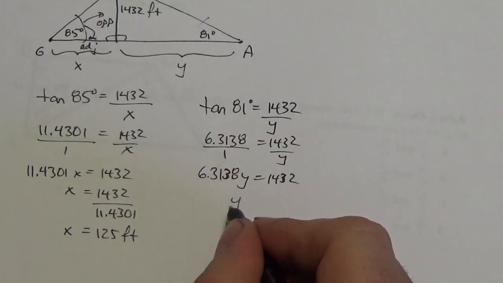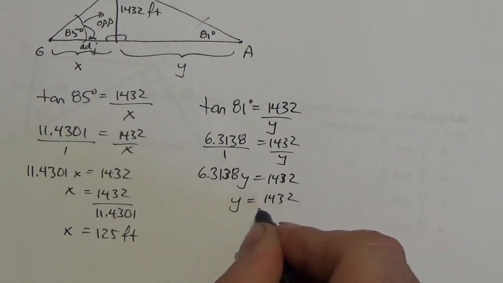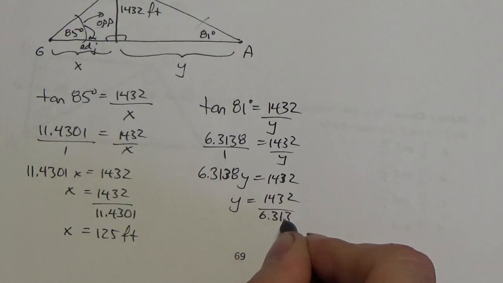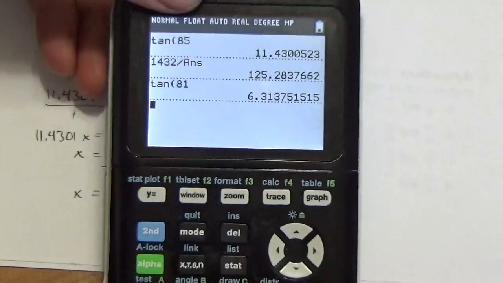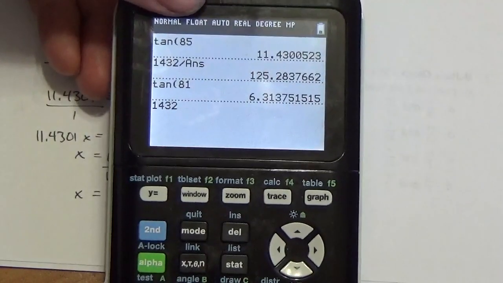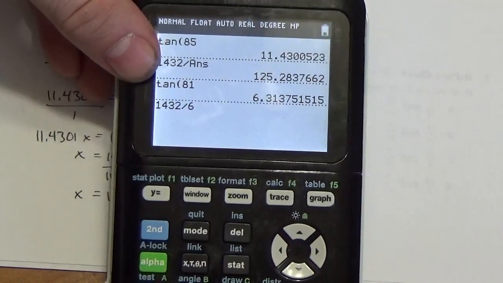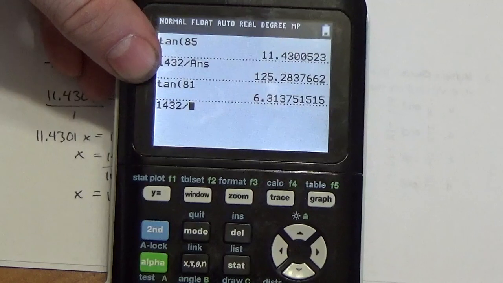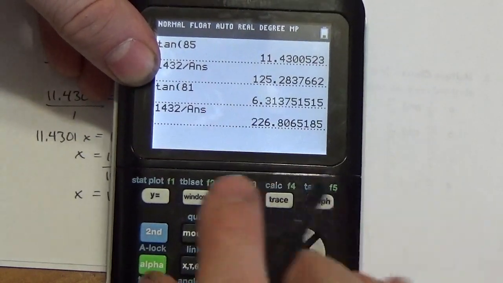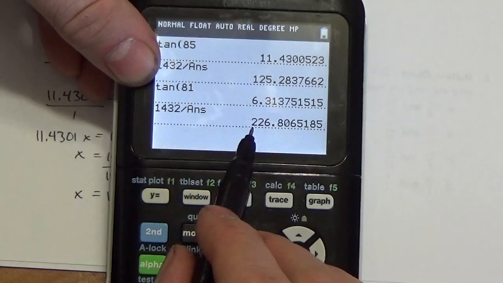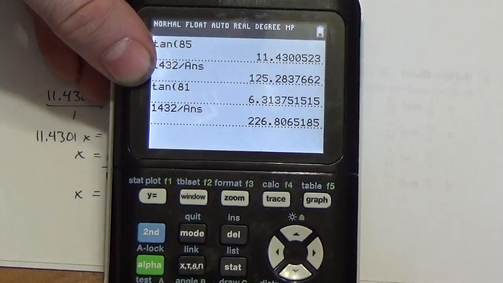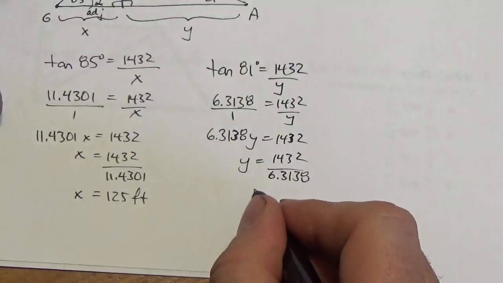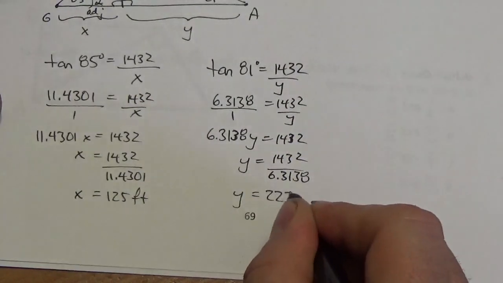So y is going to equal 1432 over 6.3138. But I'm going to use what's in the calculator, so I'm going to divide 1432 by the answer that I just came up with, and I'm going to get 226. Now, to the nearest foot though, 227. So y is equal to 227 feet.